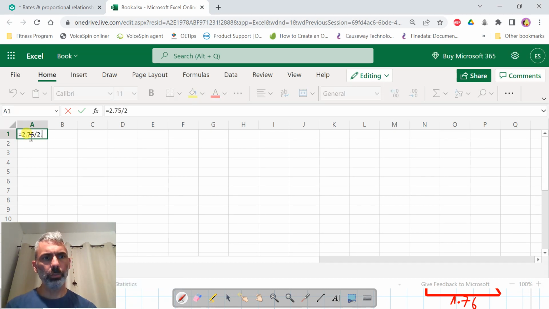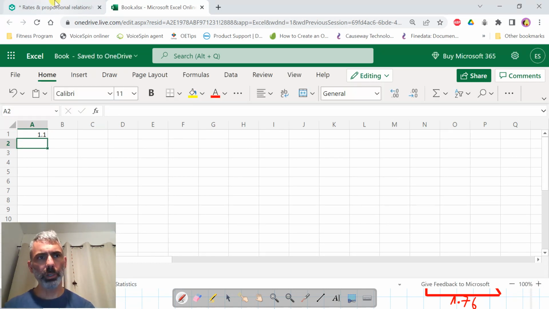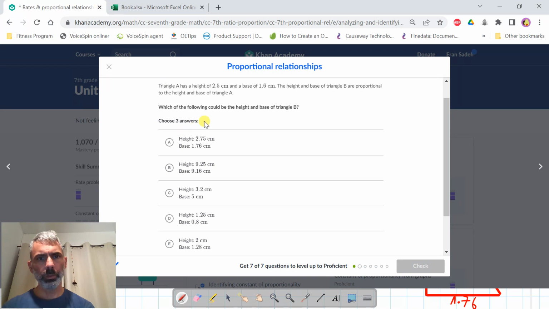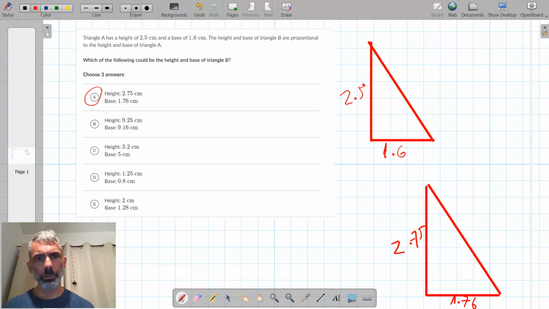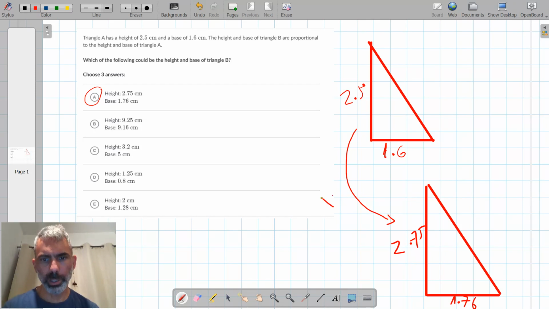2.75 divided by 2.5 is 1.1. Okay, so to go from this height to this height, I need to multiply by 1.1.